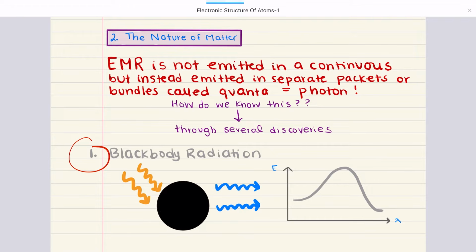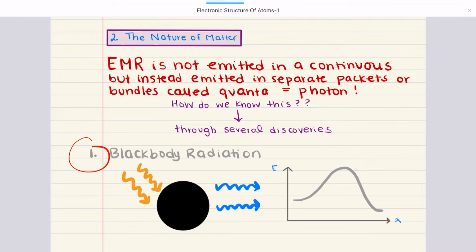So Max Planck decided to tackle this issue by studying the radiation patterns that were emitted by solid objects heated to incandescence. And he found that classical theories really couldn't explain the results because they assumed that matter could absorb or emit any quantity of energy. And this led to some very wrong conclusions.